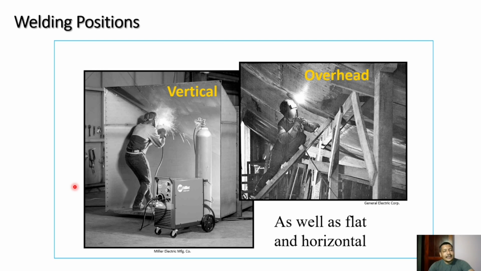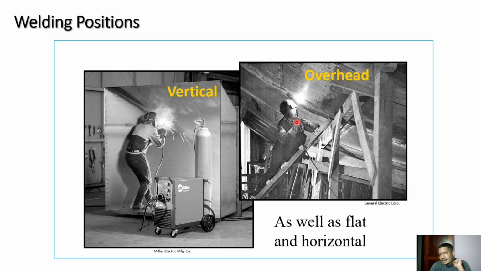Last year you did the welding experiment, in which you welded two plates on a flat surface. That is flat and horizontal welding. You can also weld on a vertical wall like this. You can see one welder welding on a vertical wall; that is called the vertical position.